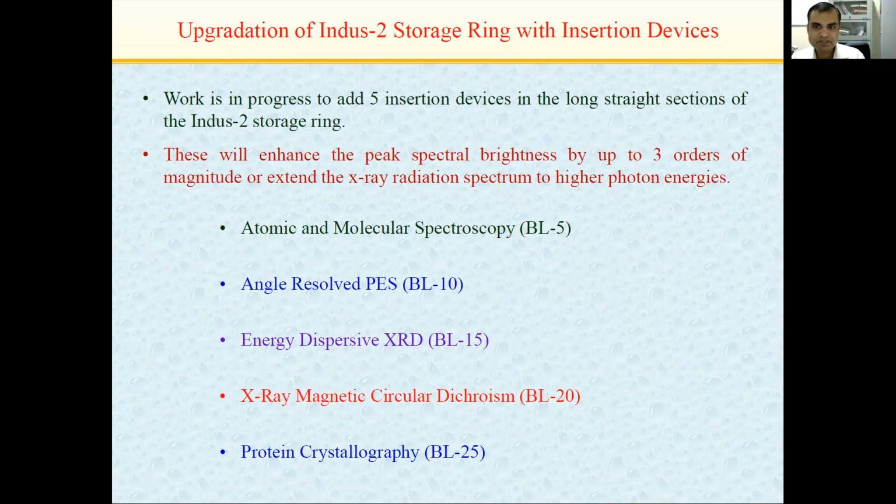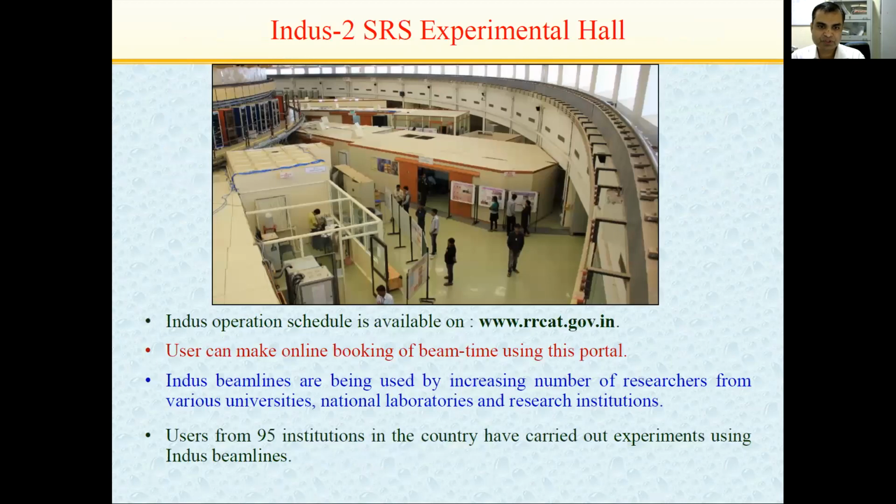Whereas using this wiggler or undulator devices, one can further enhance its brilliance, and there are 5 beam lines at BL 5, 10, 15, 20, and 25, where the further advancement is taking place to perform different set of experiments. So that will further enhance the overall level of the experiments which is possible. This is how Indus 2 synchrotron radiation source experimental hall look like.